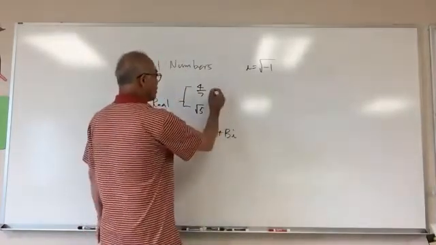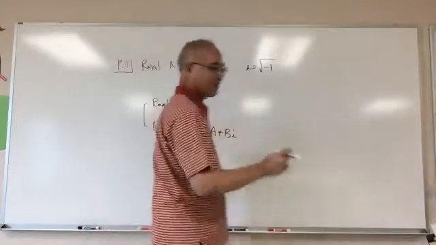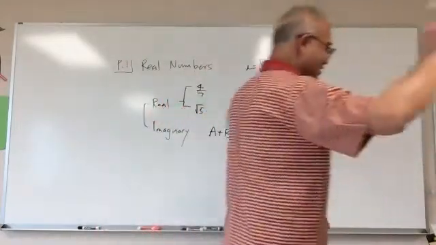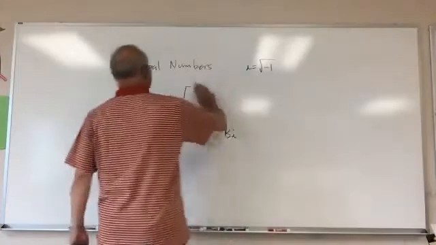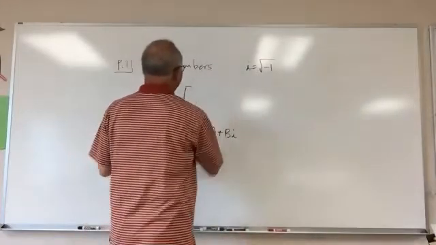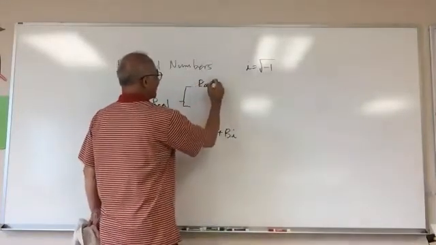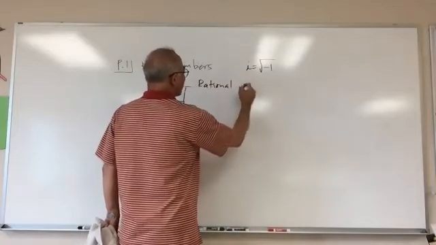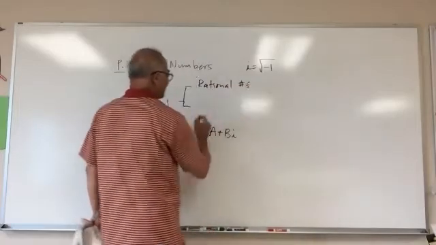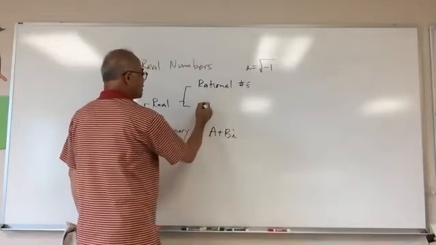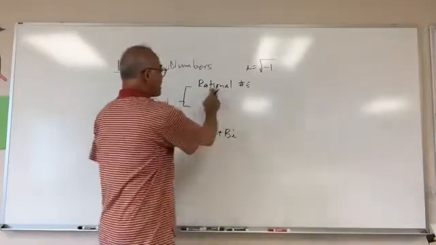These are called what? Caden, what are these called? Fractions. They're called rational numbers. If this is rational, what are these?